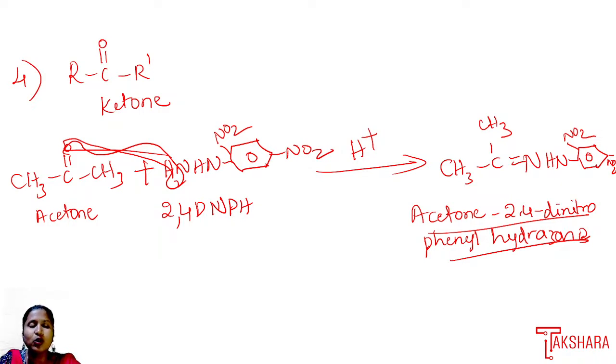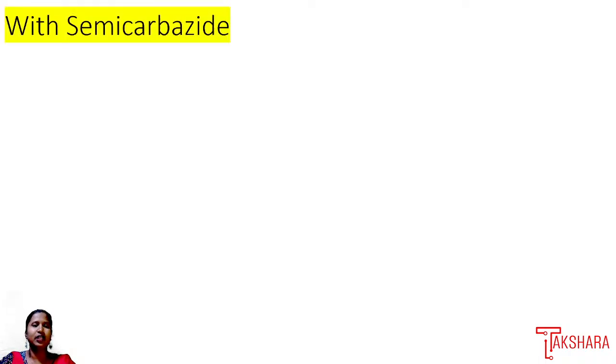When ketones undergo the reaction with 2,4-DNPH, they form the respective ketone hydrazone as a product, and if 2,4-DNPH reacts with aldehydes, the respective aldehyde hydrazone product is going to form. So that is about the reactions of aldehydes and ketones with 2,4-DNPH. Then we'll move on to the next reaction, semicarbazide.